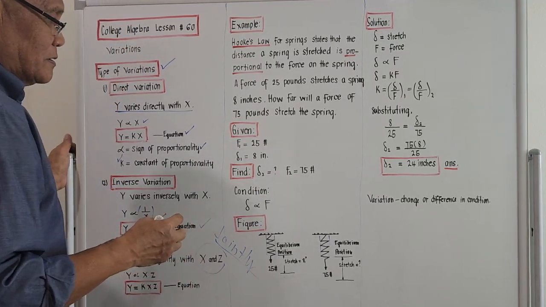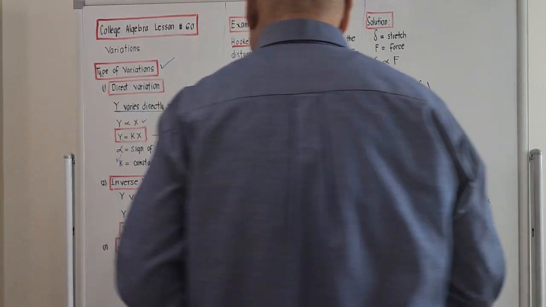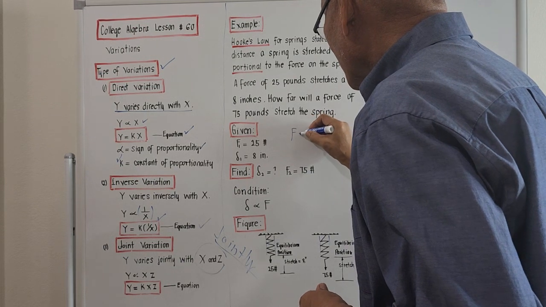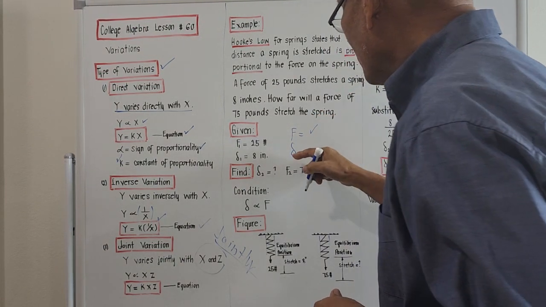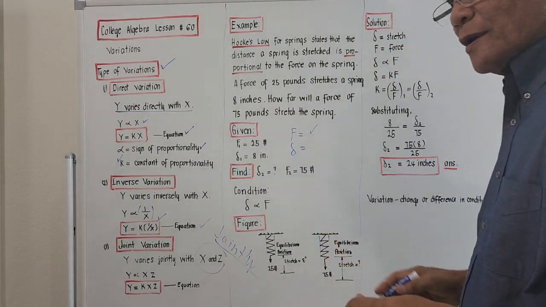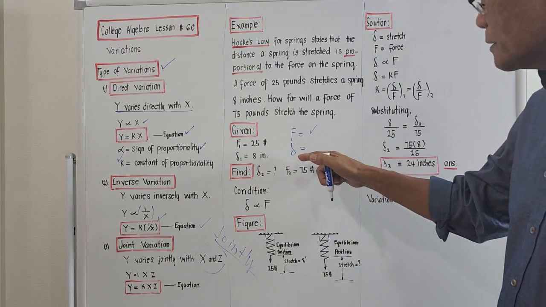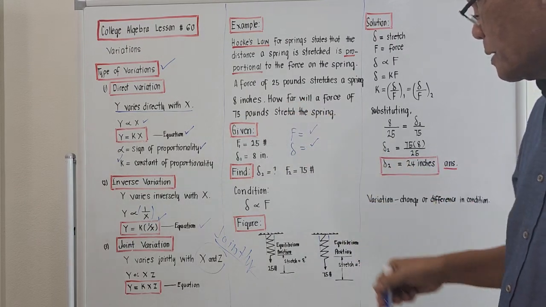I haven't placed the designations yet. There will be a variable F here, and a variable, the Greek letter delta. Under the study of strength of materials, elongation or stretch is designated by the Greek letter delta. Okay? So I place it here.